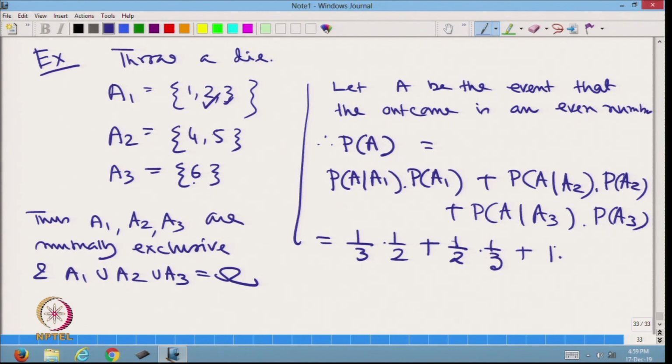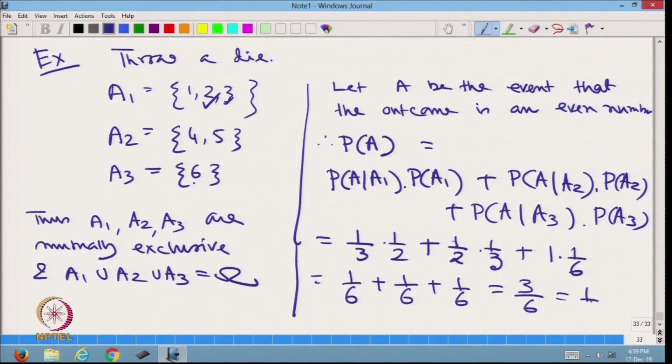Therefore, this is going to be 1 multiplied by probability of A3 which is 1 by 6. So it is 1 by 6 plus 1 by 6 plus 1 by 6, is equal to 3 by 6, is equal to half, which is the probability of an even number.